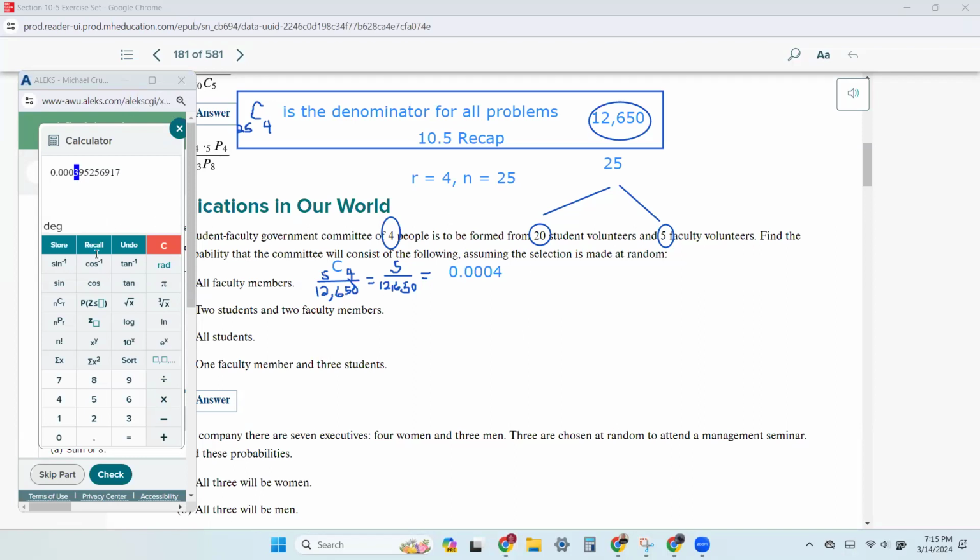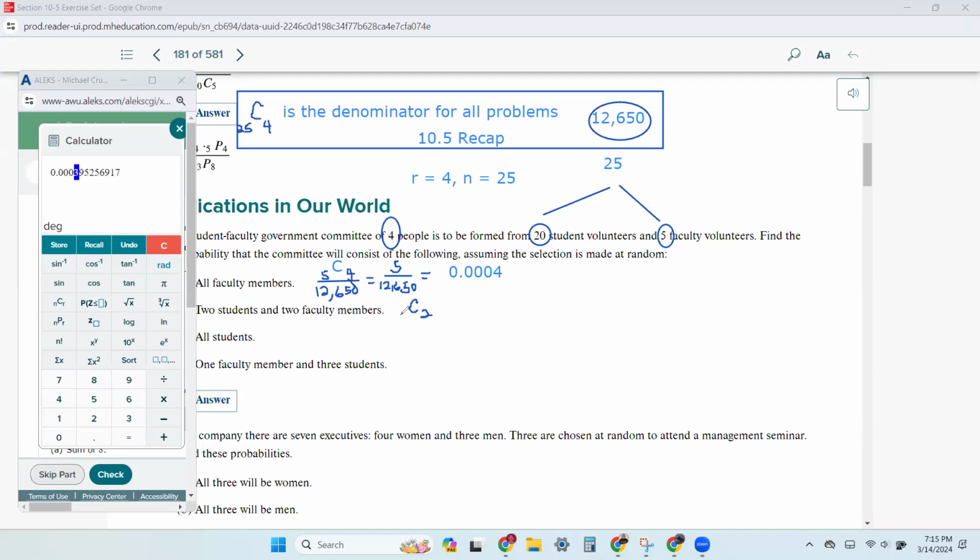All right. Second one, we want 2 students and 2 faculty members. Therefore, 2 of them are coming out of the 20 and 2 of them are coming out of 5. So on this one, it's going to be 2 taken from the 20.